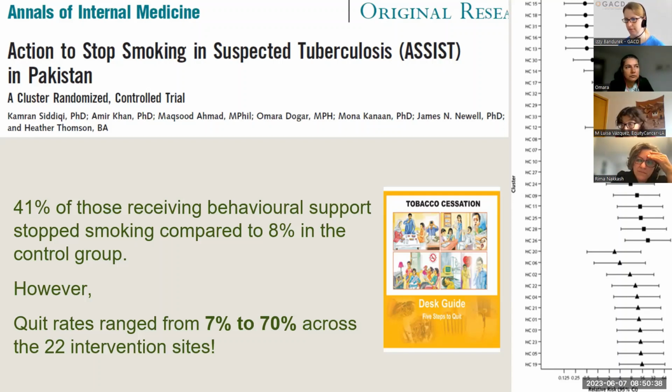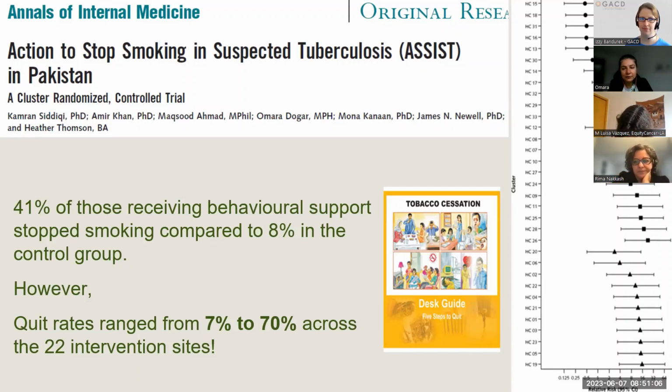And we enrolled around 2,000 TB patients and delivered intense behavioral support for smoking cessation. We found that 41% of those who were treated quit smoking, compared to 8% in the control group, which is a remarkable achievement given a very low resource intervention.